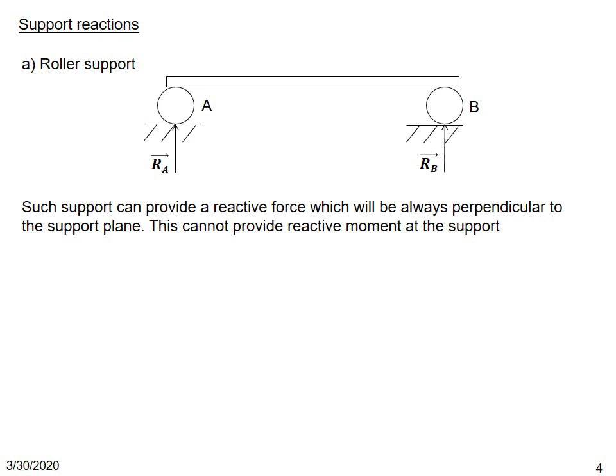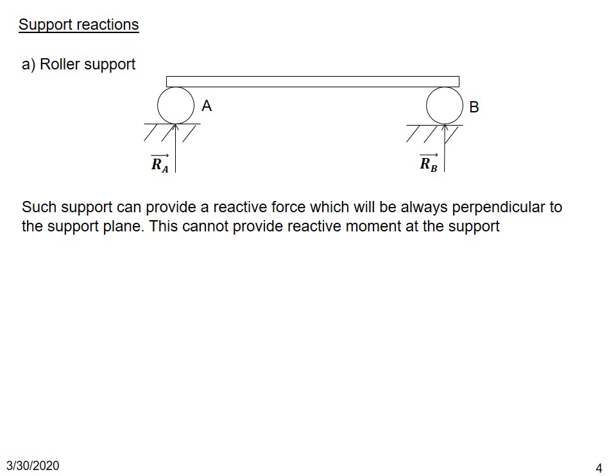You can see that a beam is resting on two rollers, A and B. Rollers can provide reaction forces at the point of contact, but this reaction force will always be perpendicular to the support plane. So the reactions at A and B, which are RA and RB, will always be perpendicular.